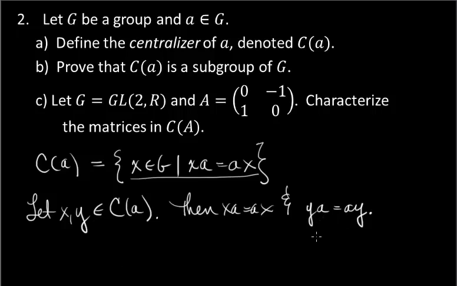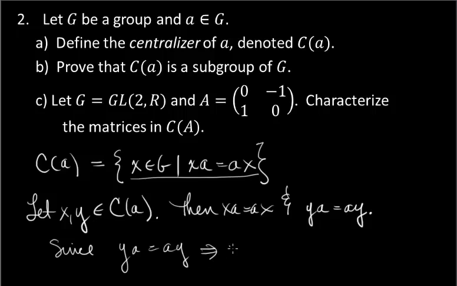Now, since YA equals AY, let's multiply on both sides by Y inverse, on the left and the right hand side of both expressions.